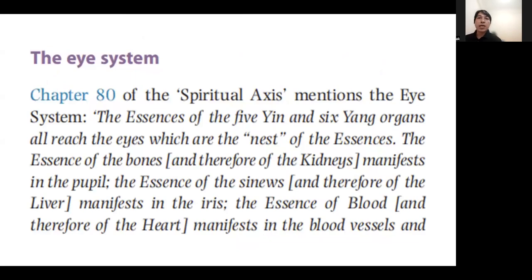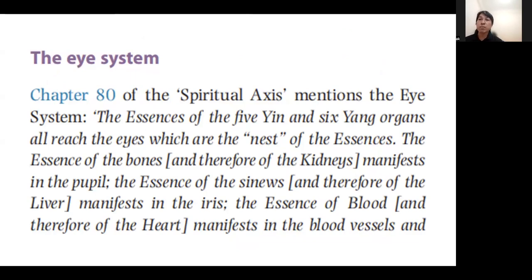The eye system. Chapter 80 of the Spiritual Axis mentioned the eye system. The essences of the 5 yin and 6 yang organs all reach the eye, which is the nest of the essences. The essence of the bones, and therefore of the kidney, manifests in the pupil.